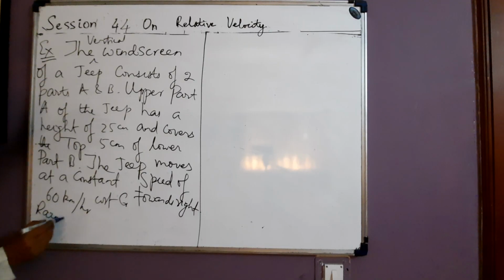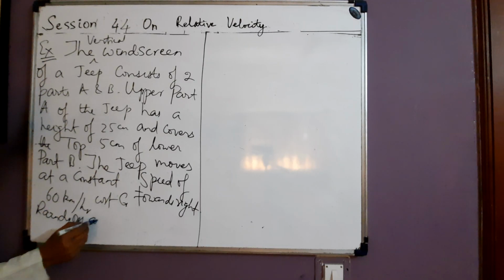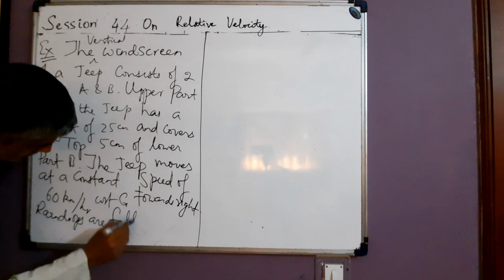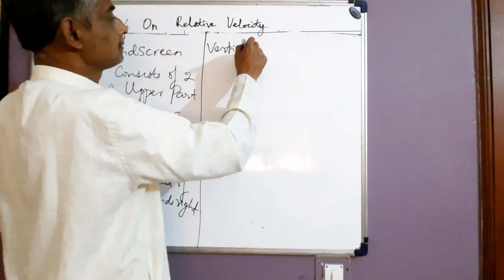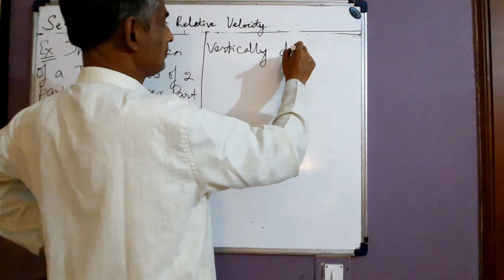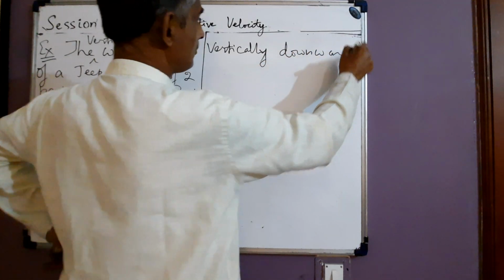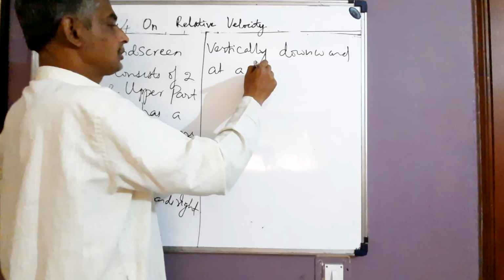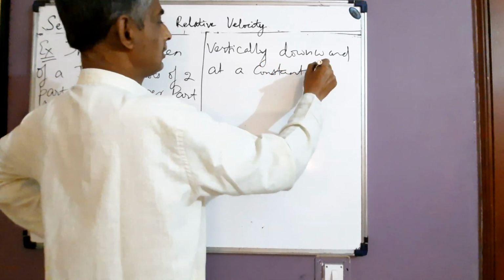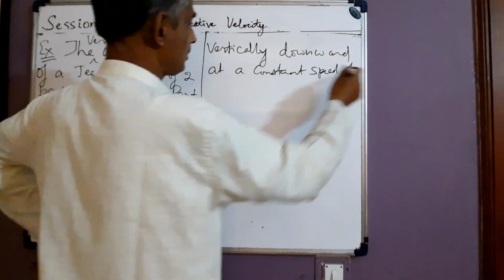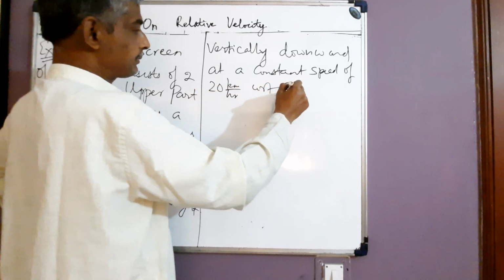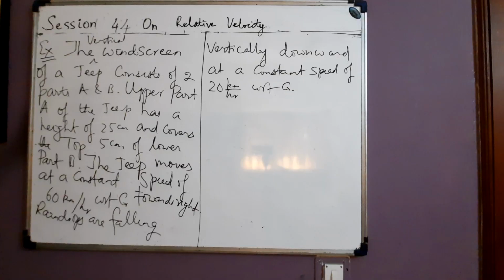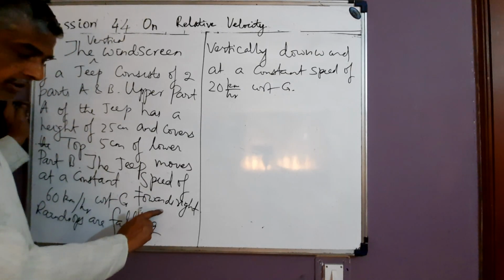Raindrops are falling vertically downward at a constant speed of 20 km per hour with respect to ground. The Jeep moves in the horizontal direction, okay?